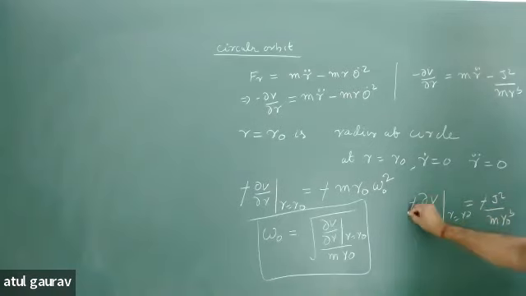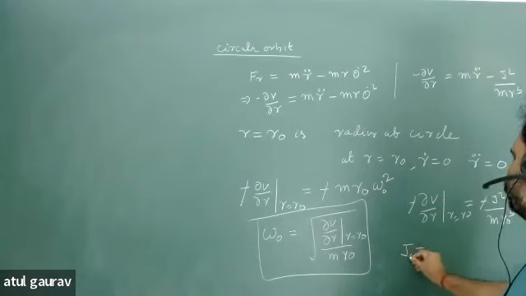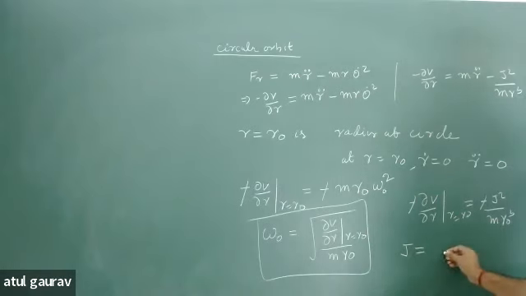This minus is going to cancel out, and what you will get? You can easily get the value of J naught, or J, or angular momentum. That value is given by root under del V upon del R at R is equal to R naught into M into R naught cube.